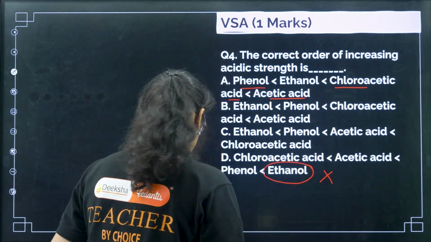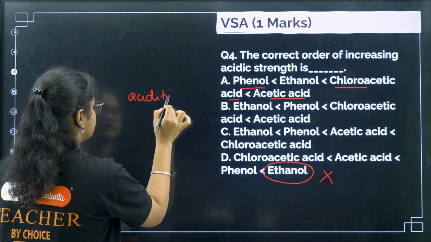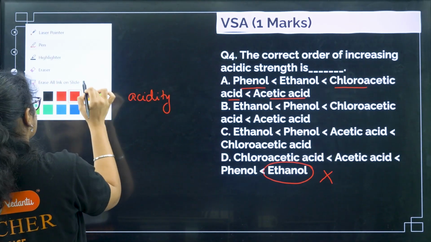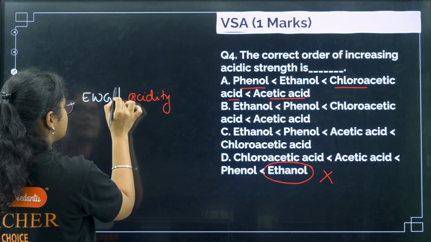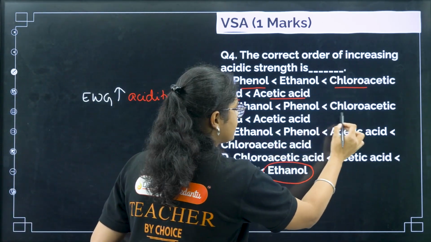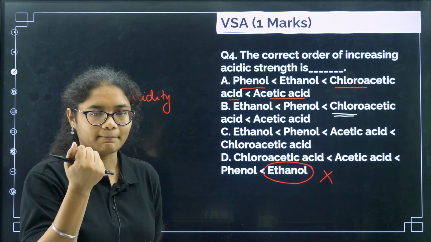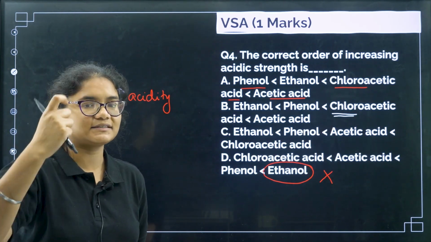Okay, now acidity is favored by electron withdrawing groups, which increase the acidity. Now, we have chloroacetic acid. Chlorine group has a minus I effect, so it is an electron withdrawing group. It will increase the acidity, right?